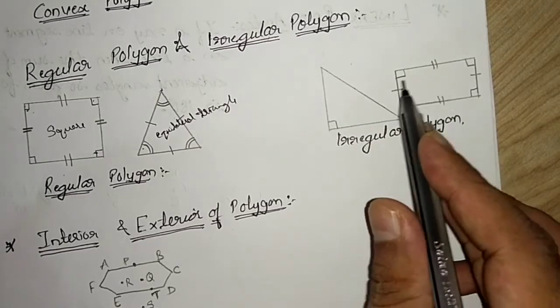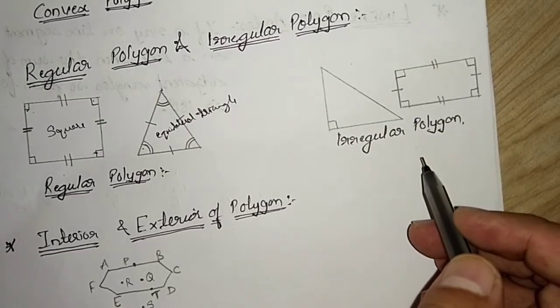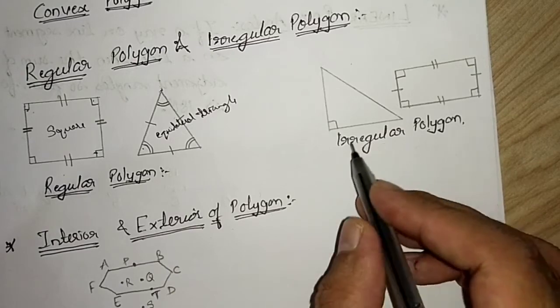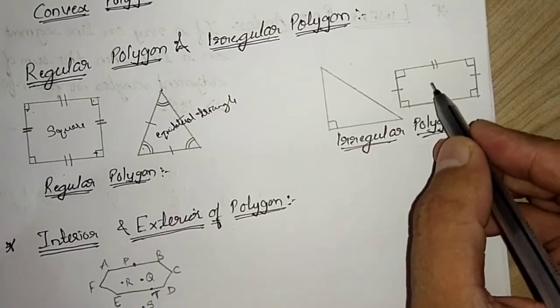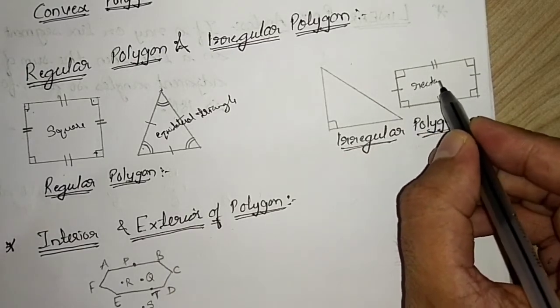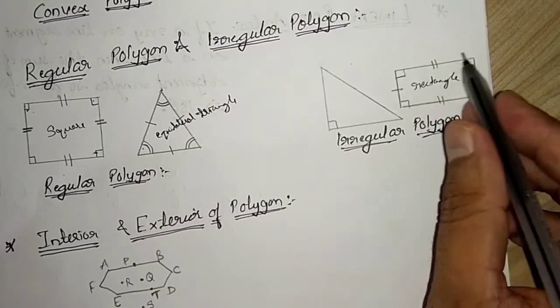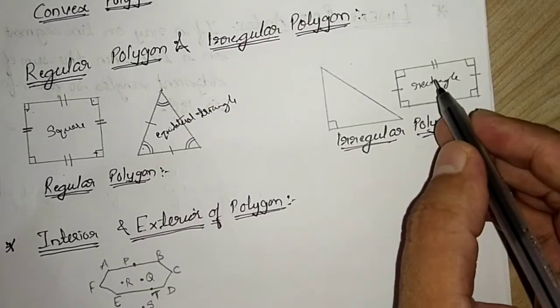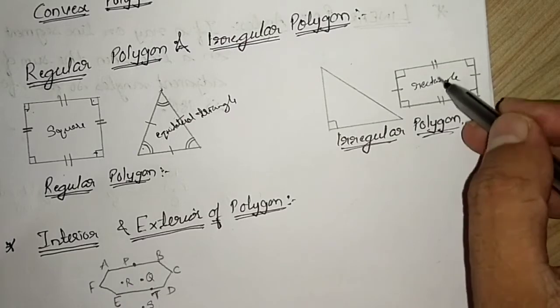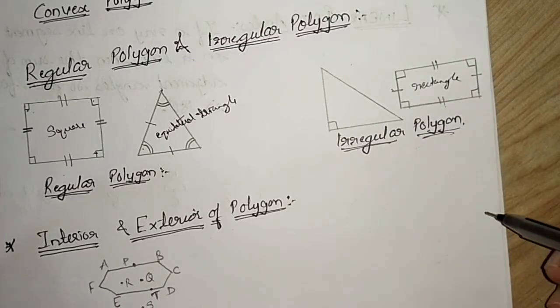Some may have all the angles equal, but then also it will be an irregular polygon. For example, rectangle. Rectangle has all the angles as 90 degree, but only the opposite sides are equal. These two are equal and these two are equal.